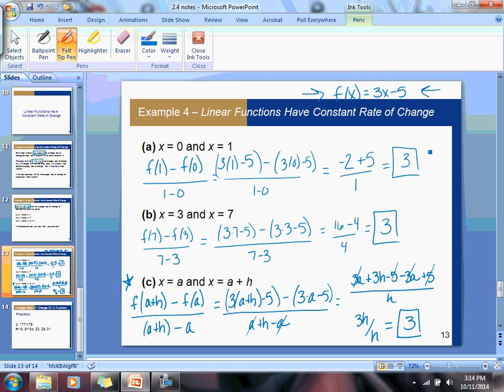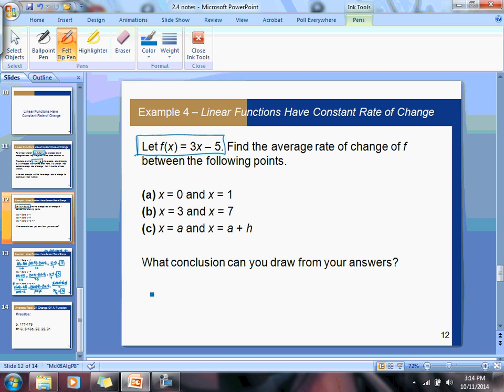So for each of these average rate of change formulas that I used, I got the exact same number, 3. So my conclusion here is that the average rate of change is always 3.